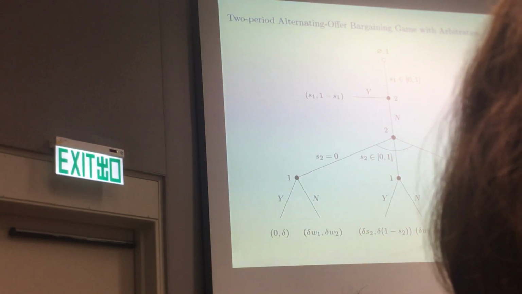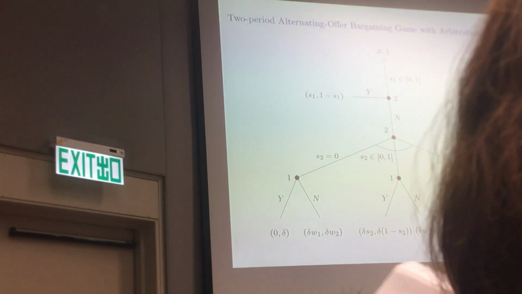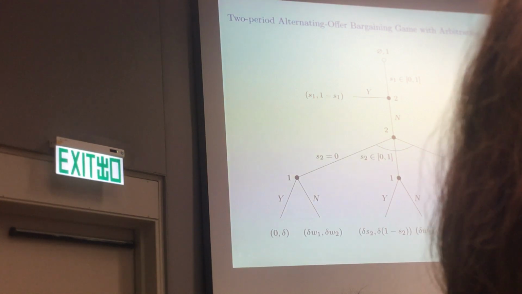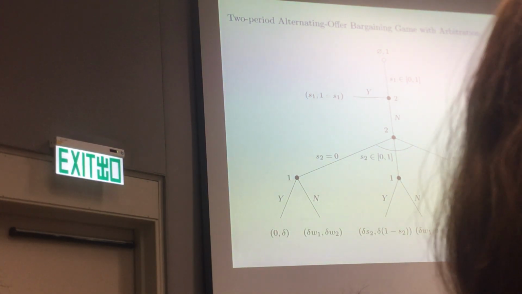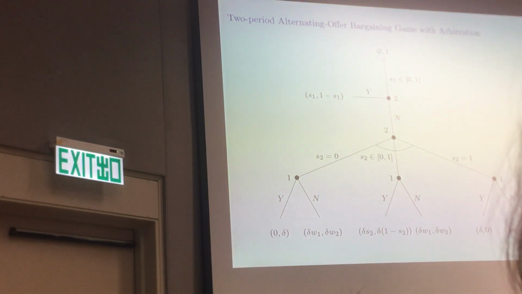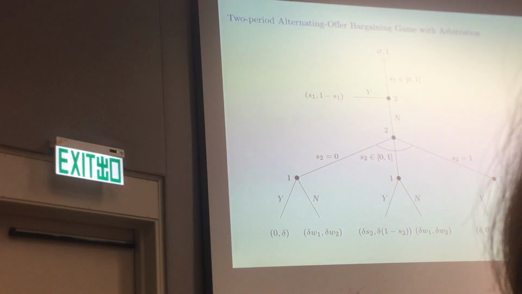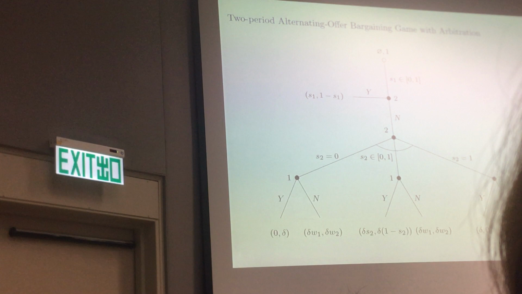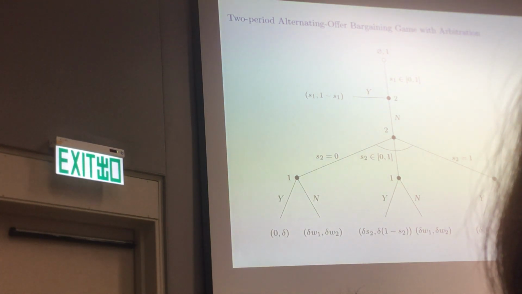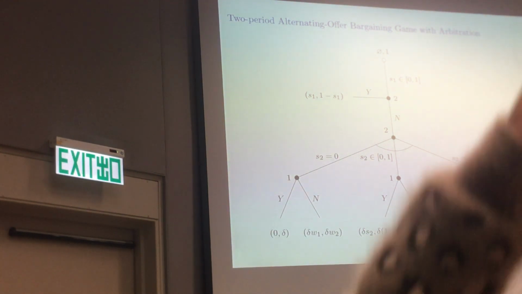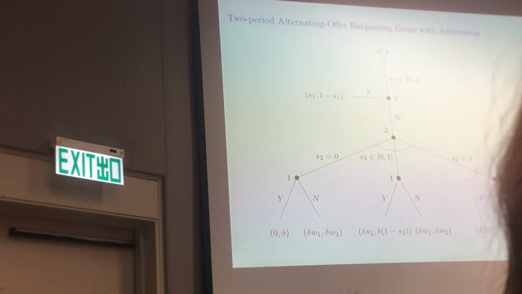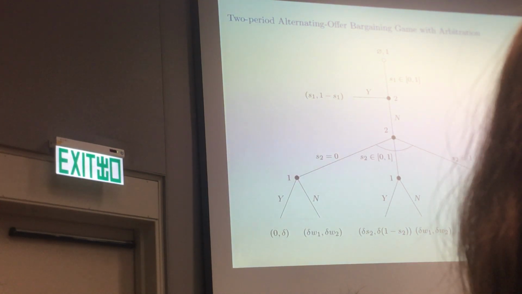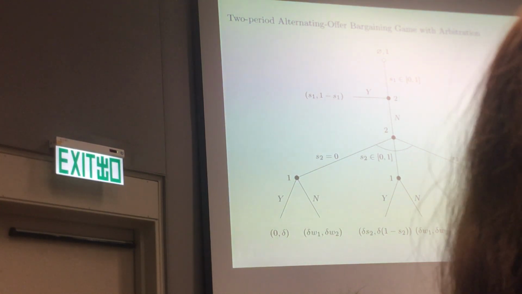In the second period, they play a subgame, but that subgame is exactly equivalent to the ultimatum bargaining game with arbitration. And we know what happens there. The responder's share of the cake will be equal to his or her outside option, and the proposer will get the residual of the pie.